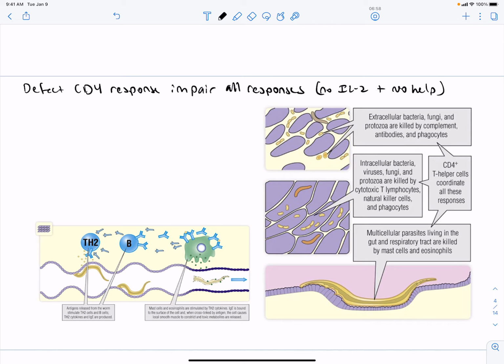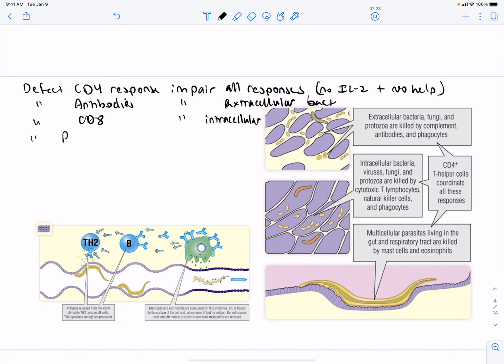If you have a defect in antibody, this is going to impair extracellular bacteria. If you have a defect in CD8, this is going to impair intracellular. If you have a defect in phagocytosis, this is going to impair intra and extracellular.